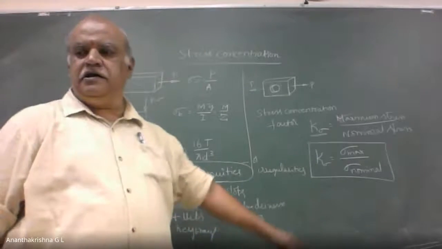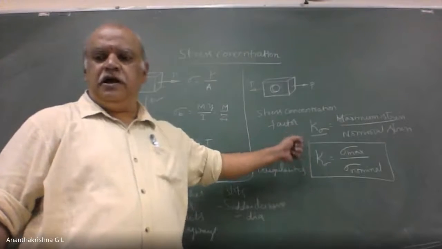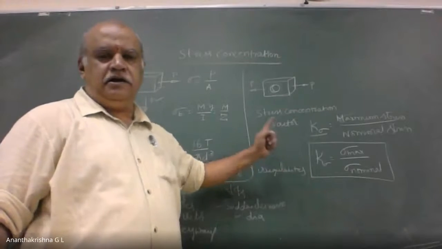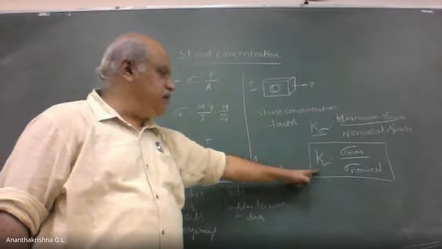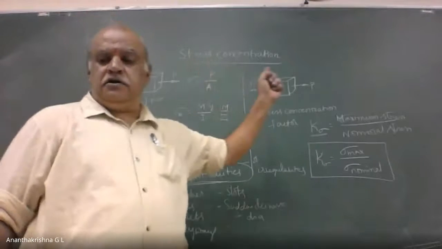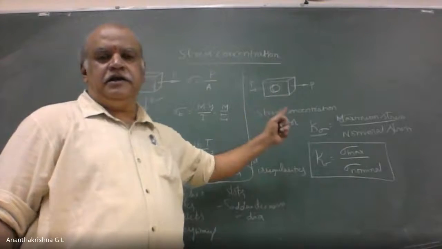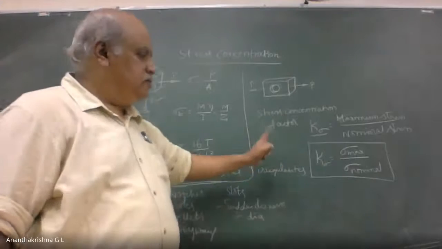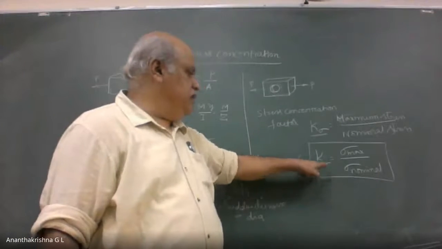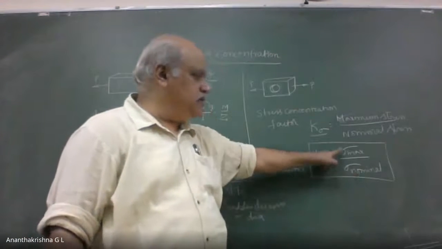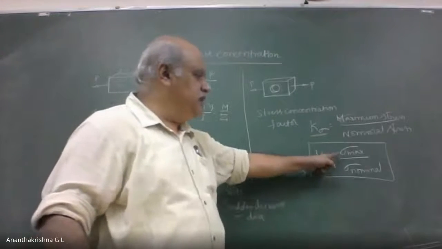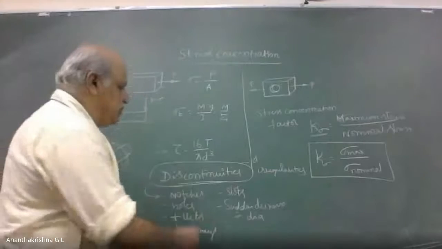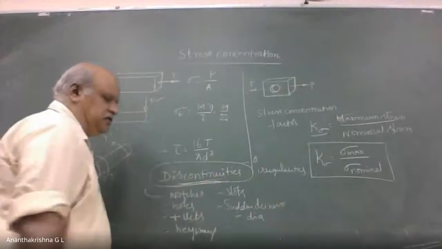K sigma is a measure of stress concentration, and it is a multiplying factor which is always greater than 1. When multiplied with nominal stress, we get the maximum stress. This maximum stress takes care of the presence of such discontinuities.